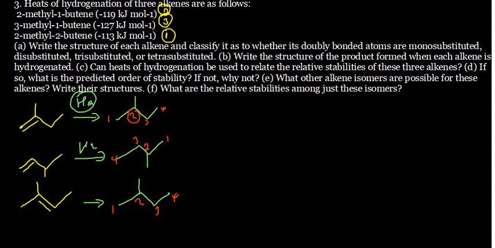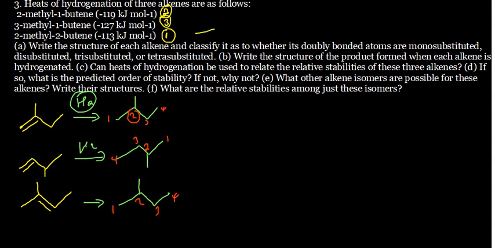So what we're able to determine is that when you have a very big heat of hydrogenation value, that is going to tell you how stable it is. Okay, so negative 113 is bigger than negative 119. Negative 119 is bigger than negative 127.